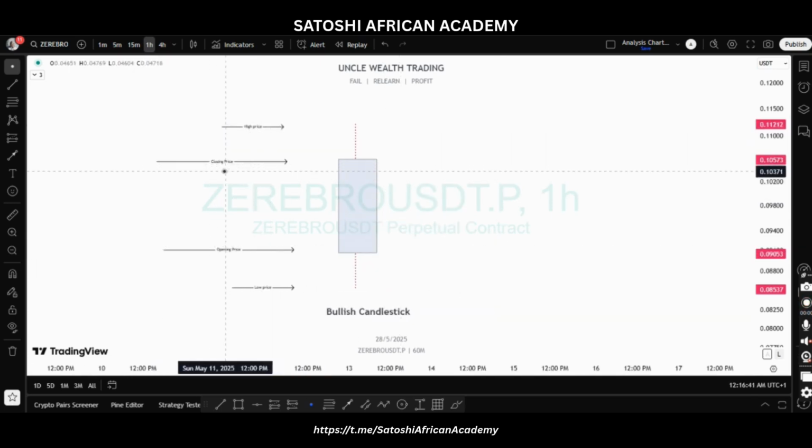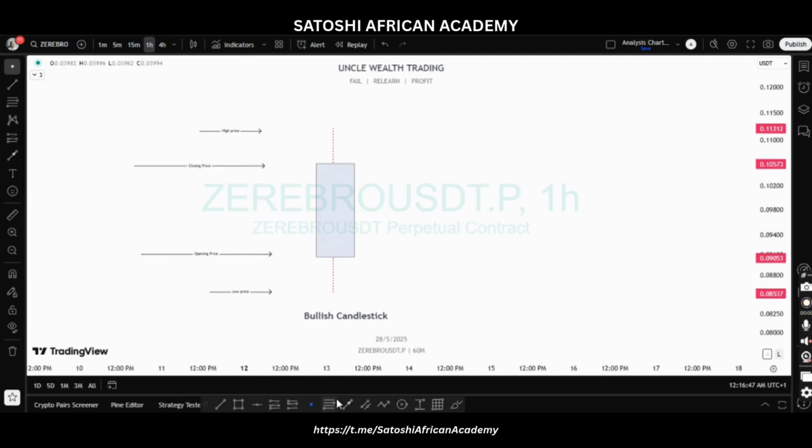So we have the high price, the closing price, the opening price, and then the low price.